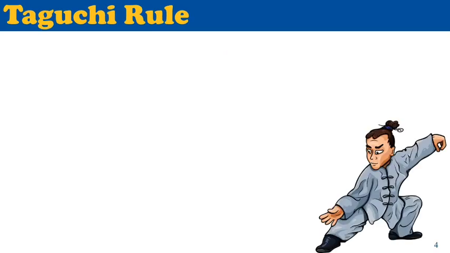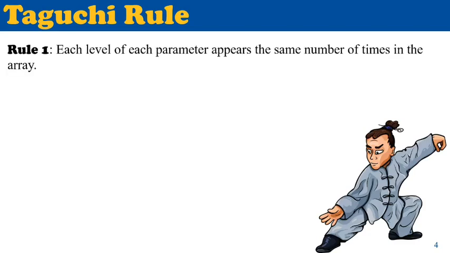So since in this lecture we're just going to talk about the Taguchi Design Array, we're going to only focus on that Taguchi design because it's beneficial, and we're going to talk about how beneficial it is. So the Taguchi rule is, when you design an experiment, the first rule is each level of each parameter appears the same number of times in an array.